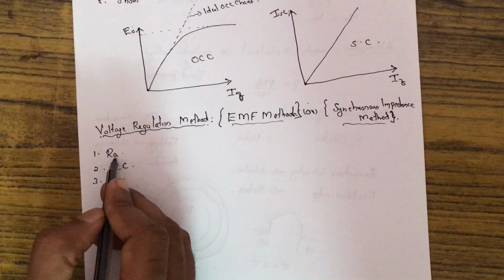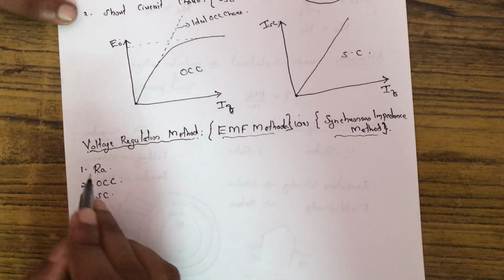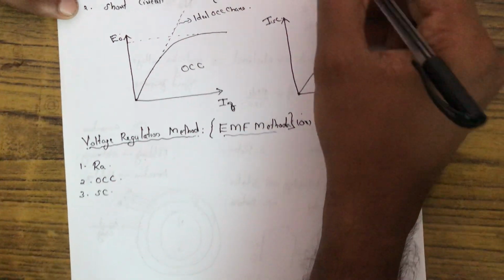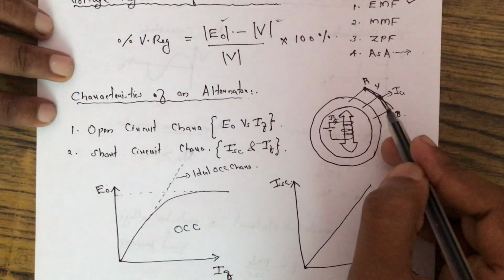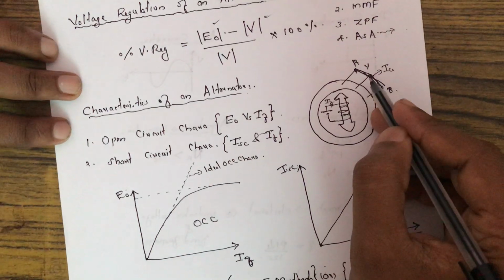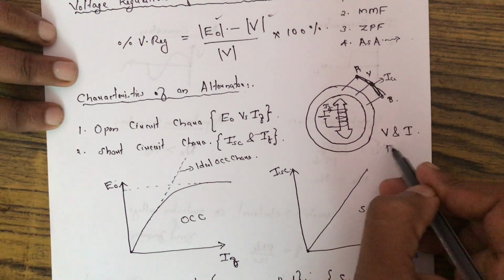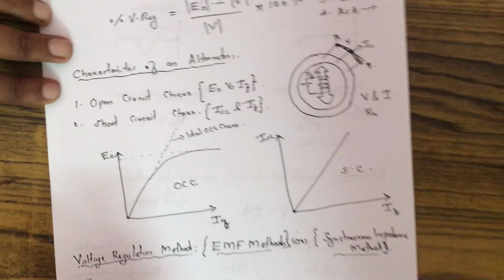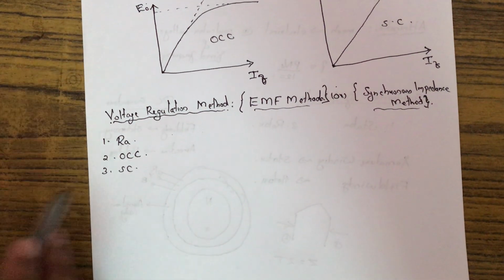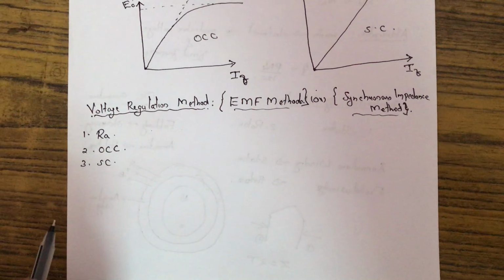The armature resistance can be found by connecting a voltmeter and ammeter at the terminal of an alternator. If we are supplying a voltage, then by taking the values of V and I, we can find the value of Ra. So armature resistance can be found by that method, and next we have to plot the OCC curve and the short circuit curve.